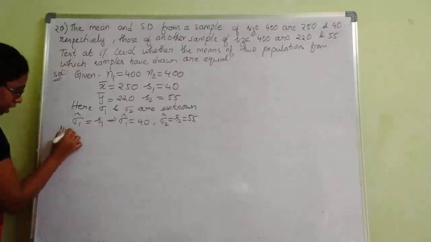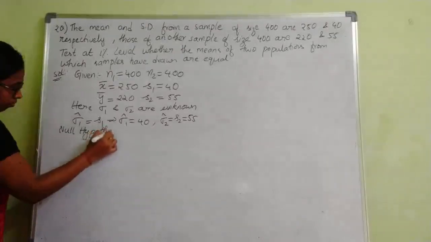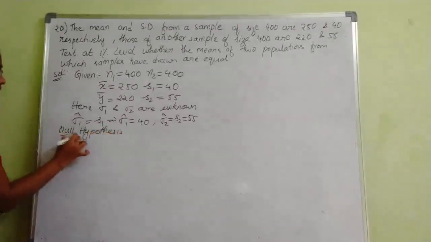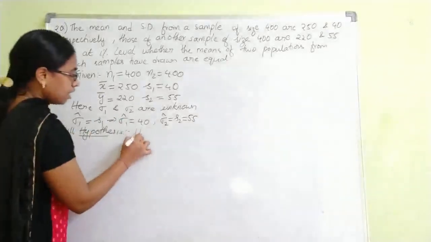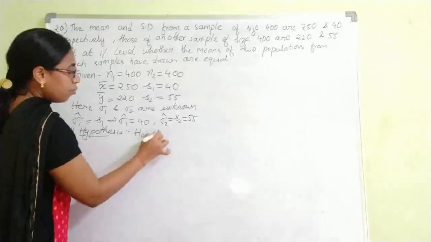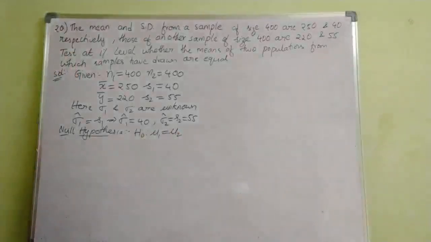First, the null hypothesis. The null hypothesis is written as H naught such that mu1 equals mu2. What is given in the question? Whether the means of two populations, that means the population means from which the samples have been drawn, are equal or not.